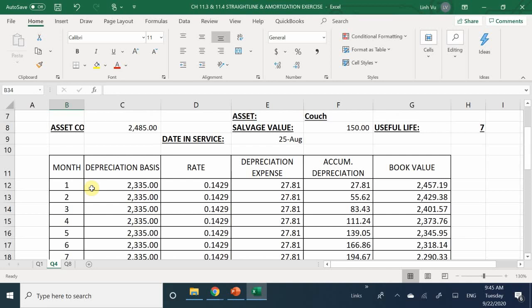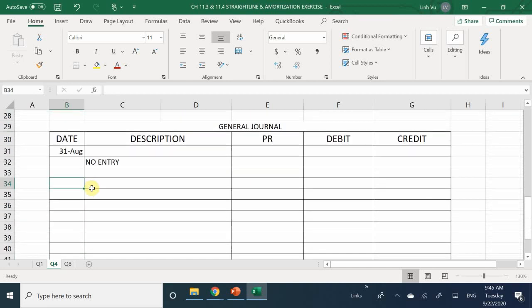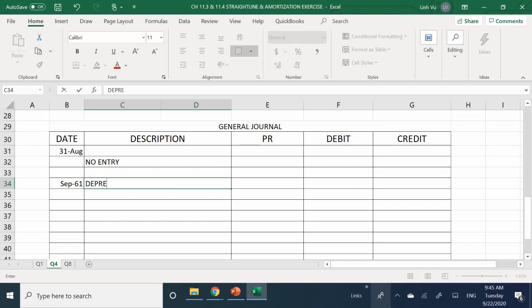Depreciation expense of 2781. So in this case, I'm going to indicate September 31st. I'm just assuming it's at the end of the month. That's what adjustments are. So I have depreciation expense.